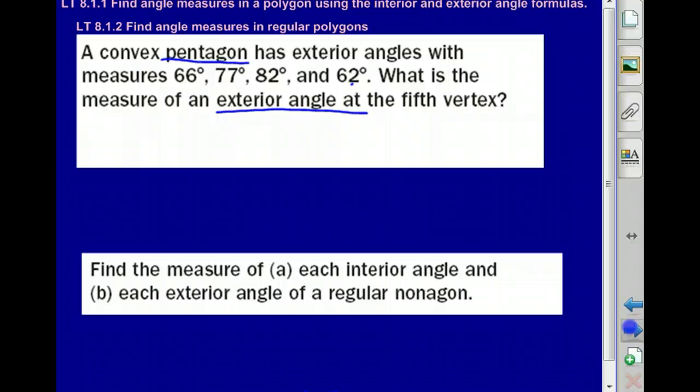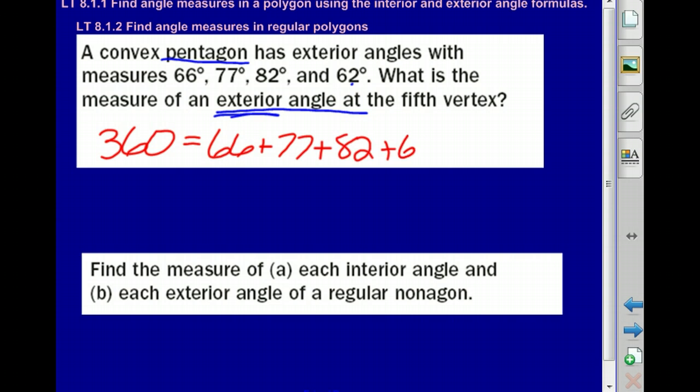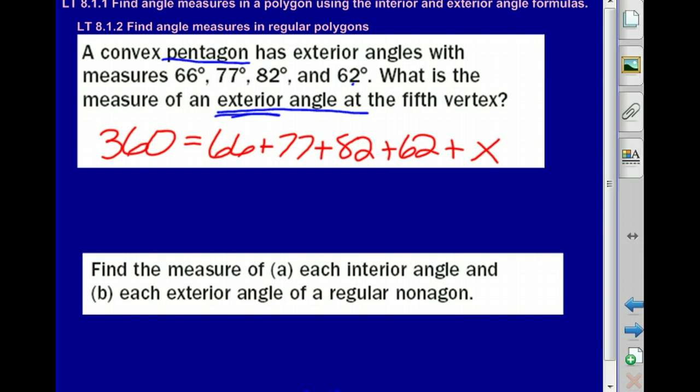We're talking about an exterior angle here, so we use theorem 8.2, which said the sum of one exterior angle at each vertex is going to be 360. So I do 360 is equal to 66 plus 77 plus 82 plus 62 plus x, and I solve for x. When I solve this, I get x is equal to 73 degrees. The exterior angle at the 5th vertex would be 73 degrees.